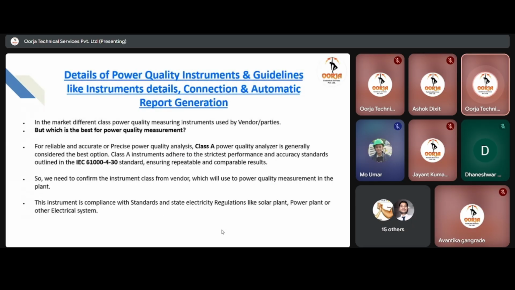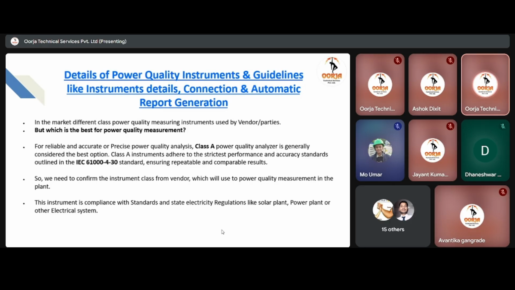In the market, different classes of power quality measuring instruments are used by vendors and parties, but which is the best for power quality measurement? For reliable and accurate or precise power quality analysis, a Class A power quality analyzer is generally considered the best option.